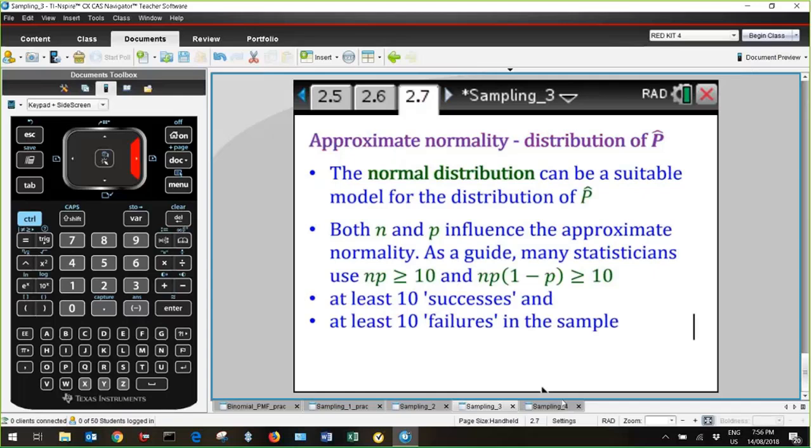Well, many statisticians say when the sample size is big enough that you have at least 10 successes and at least 10 failures. Other statisticians say, no, that should actually be at least 15 successes and at least 15 failures. There's no clear-cut answer.